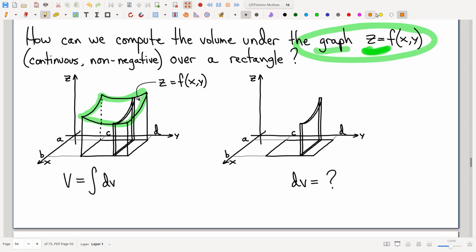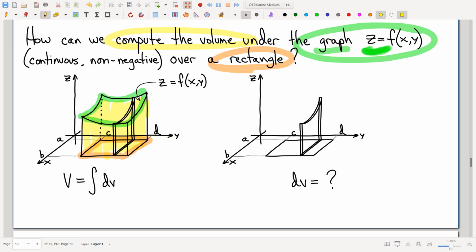We're going to look specifically at the part of that graph that is immediately above a certain given rectangle, and the question is, how would I compute this volume that's above the rectangle but below the graph? So you might even notice this kind of smacks of an old Calc 1 problem, which is area under a graph curve for a function of one variable. Here we're looking at volume under a graph surface of a function of two variables.